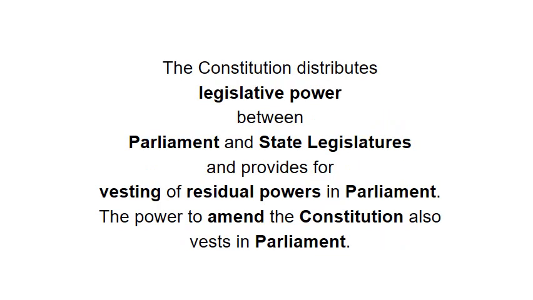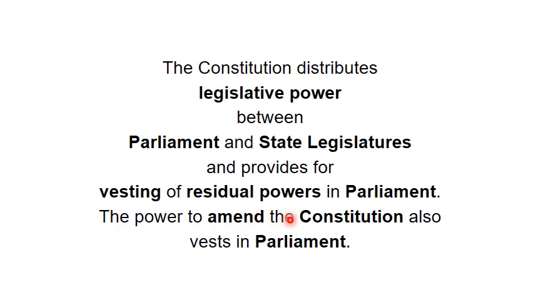The Constitution distributes legislative power between Parliament and state legislatures and provides for vesting of residual powers in Parliament. Legislative power means power to make laws to govern the country, and there is a distribution between the Parliament and the state legislatures. The residual powers, however, remain with the Parliament.